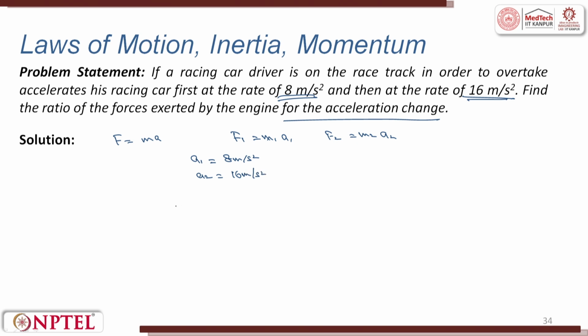So, we have to find the ratio between F1 and F2. F1 by F2 is equal to m A1 by m A2, that is equal to A1 by A2. Simply we have A1 by A2 is equal to 8 by 16, which is equal to 1 by 2.